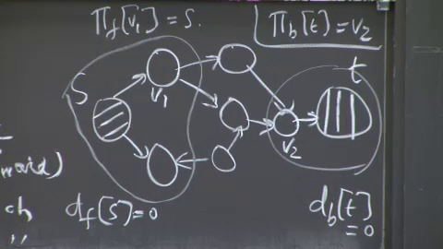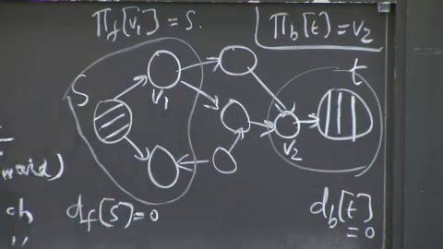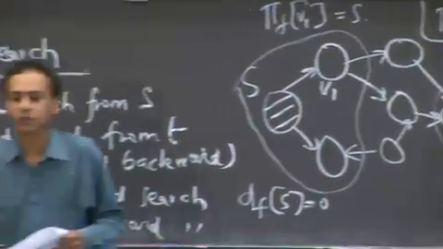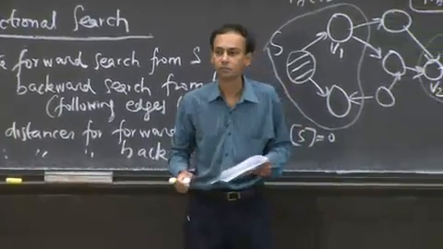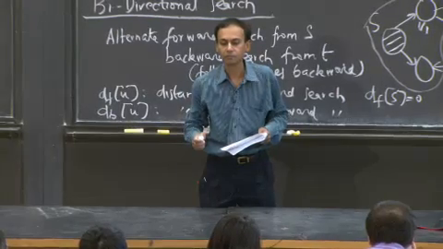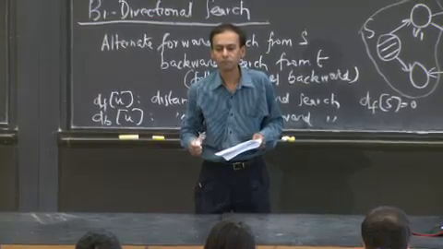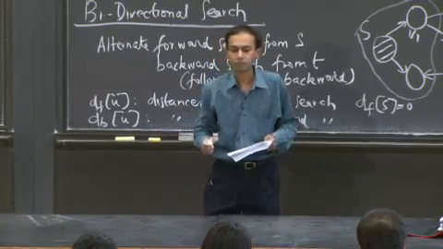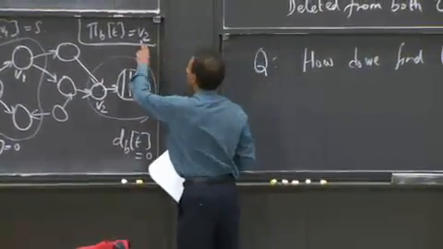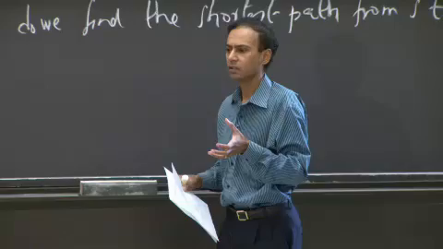So how do I find the shortest path from S to T after these frontiers have met and I've terminated this search? How do I do that? Someone? Go ahead. Well, given that data structure, you start at your T, and you keep on going back to your current until you get to the point where they meet, and then you use the pi F to go from that node all the way back to S. So what I'm going to have to do is, but where do I switch is the question.